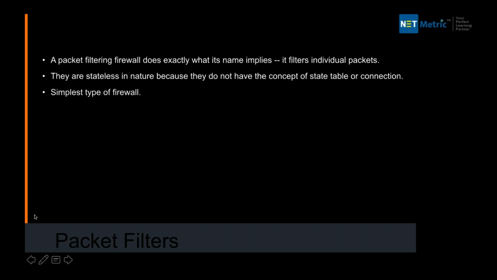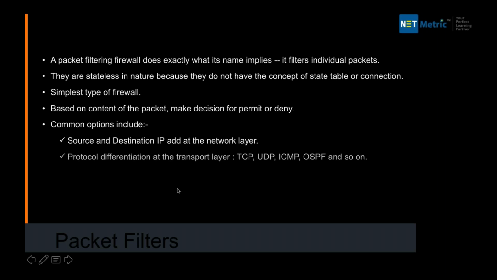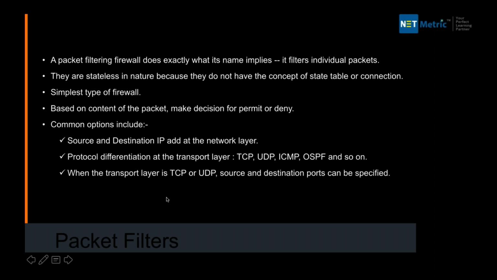A stateless firewall or packet filter is the simplest type of firewall because it makes decisions for permit and deny based on the content of the packet, with respect to what? ACLs. The common options included in stateless packet filtering are source and destination IP, source and destination port, and protocol information like TCP, UDP, ICMP, OSPF, transport layer protocols.